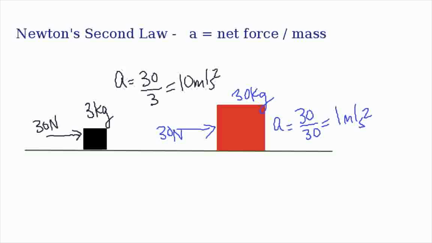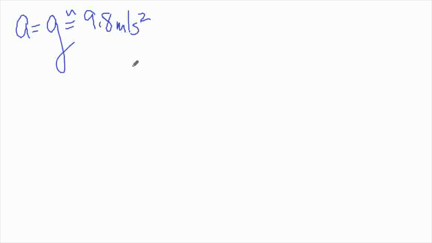formula now for gravity. We've already talked about how if something falls in free fall, it has an acceleration of 9.8 meters per second squared. That's often called lowercase g, and it's about 9.8 meters per second squared. Now the gravitational force on a mass m, let me give you that now.